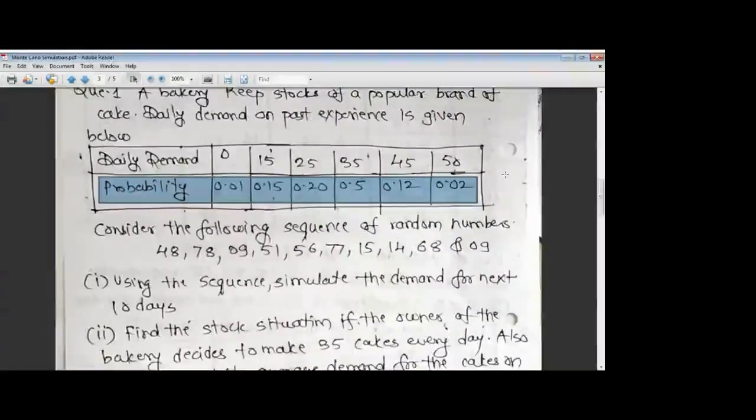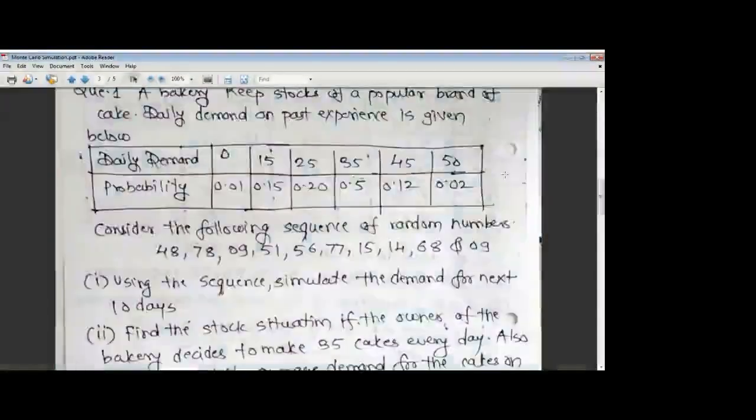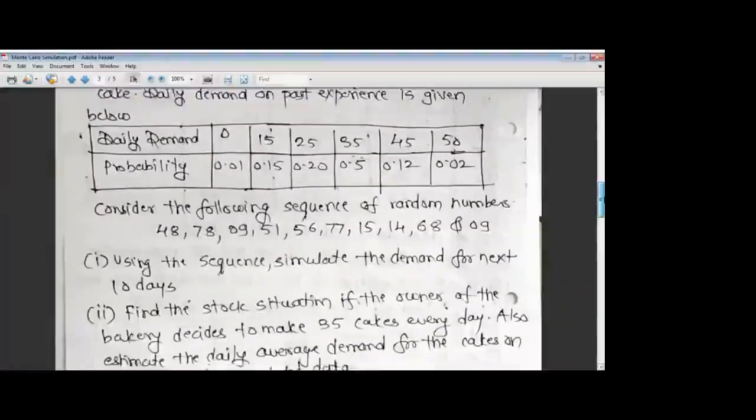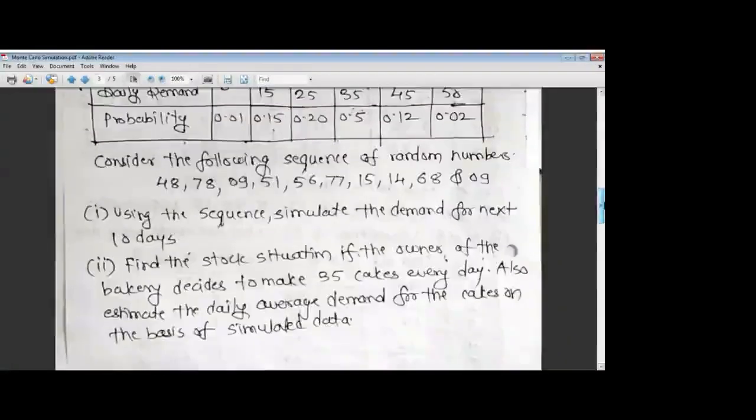This daily demand and its probability from past experience is given to us, and on the basis of that, they have asked us, using the sequence, to simulate the demand for the next 10 days. They are asking what the demand should be for the next 10 days.